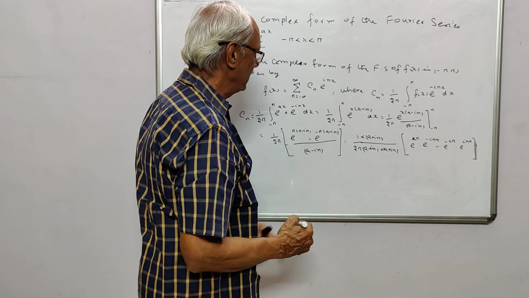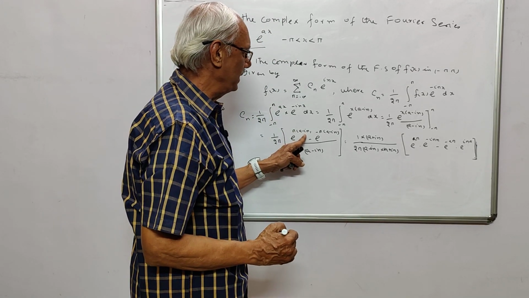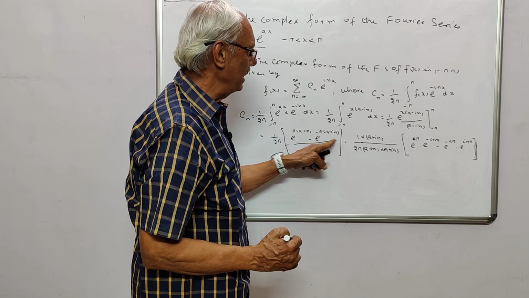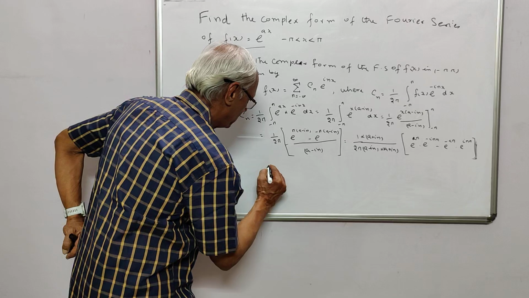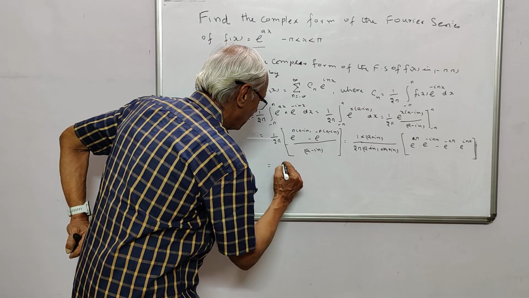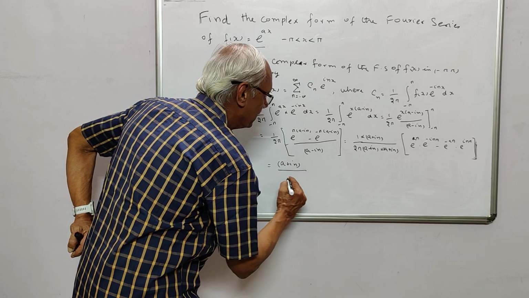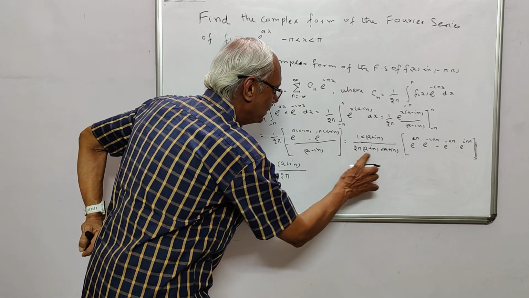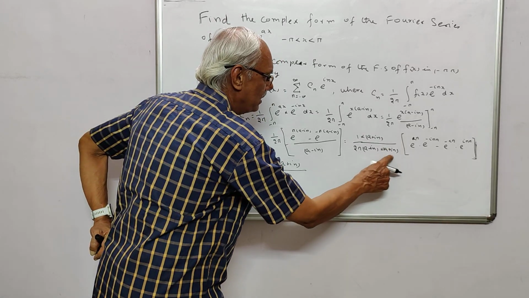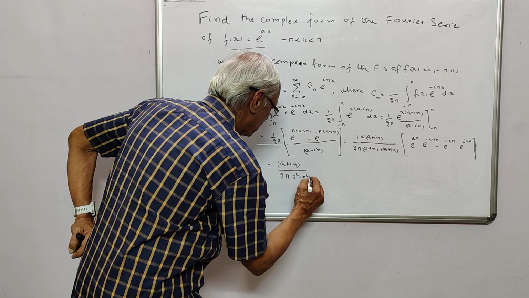I have not done anything except taking this pi inside: pi a minus i pi n, it is minus pi a plus i pi n. So this will be equal to, I will write it here: a plus in divided by 2 pi into, this is a minus in into a plus in, is what? A squared plus n squared.